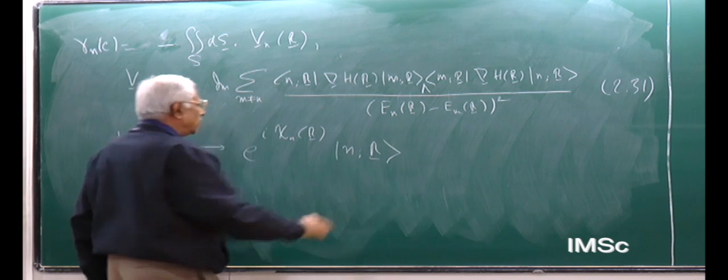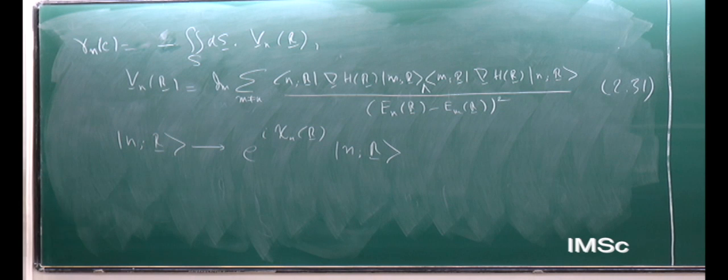You are allowed to replace everywhere in the derivation the ket vectors n semicolon r by any phase times the same thing, provided chi n of r as a function of r is globally well defined. So it does not spoil the property of n of r being globally well defined.